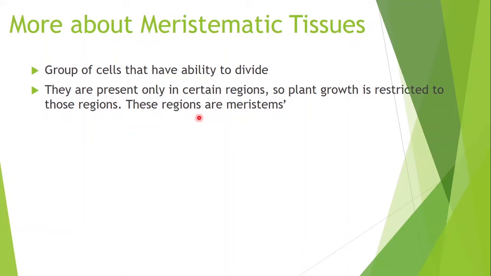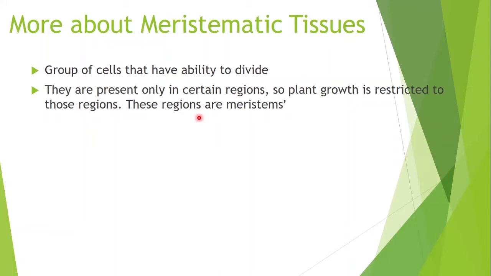That means meristems are those regions of the plant where the growth is more, because meristems are the regions where meristematic tissues are present. So it is obvious that in a plant, wherever you have tissues which have the capability to divide, only there will growth take place.